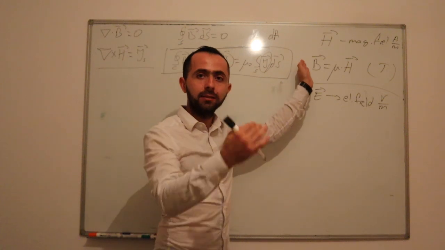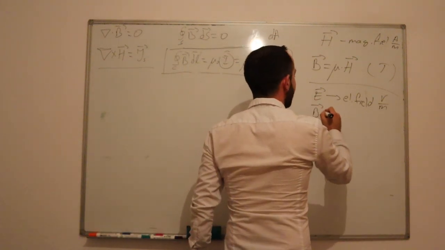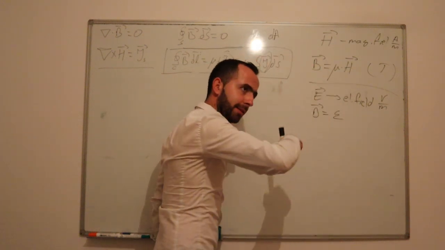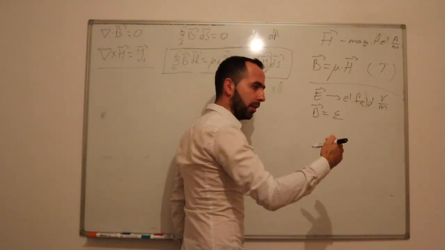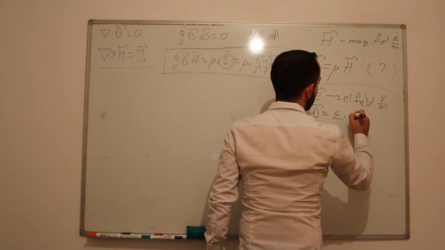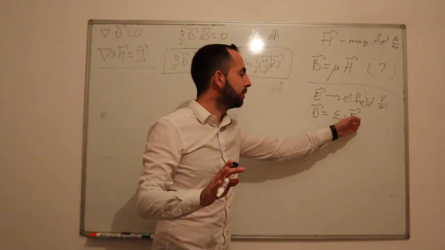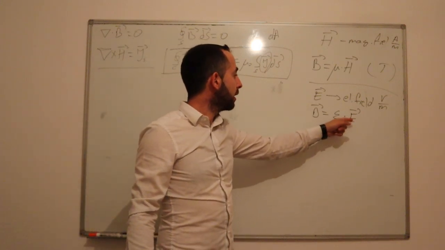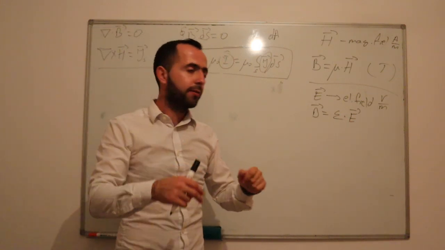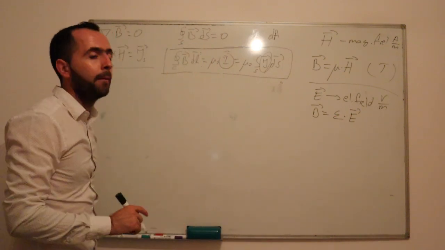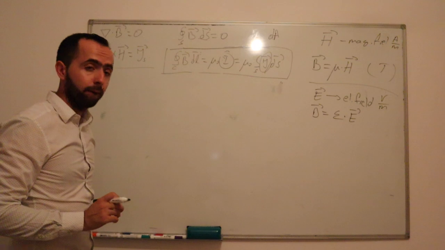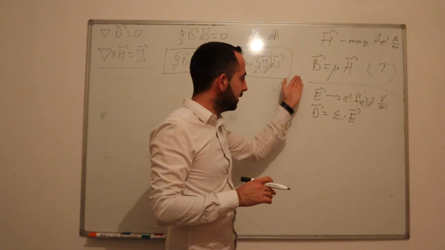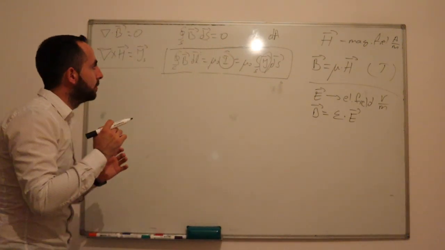And like we have here magnetic flux density, in electrostatics we had electric flux density, and it was also equal to a constant which considers the material, times E. The same rules were for electric field and electric flux density, only for different materials they have different values. In magnetism we have magnetic field and magnetic flux density. Here we already can see some similarities.